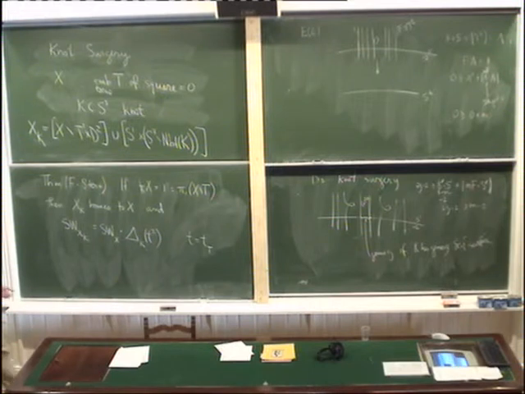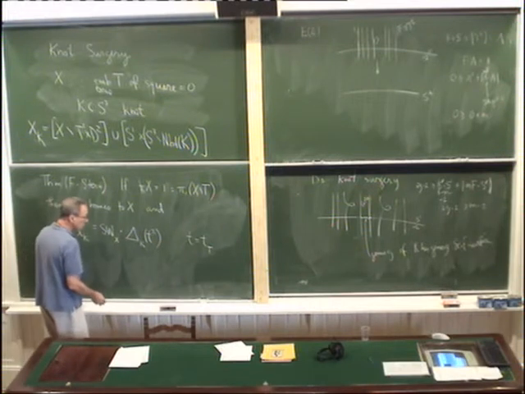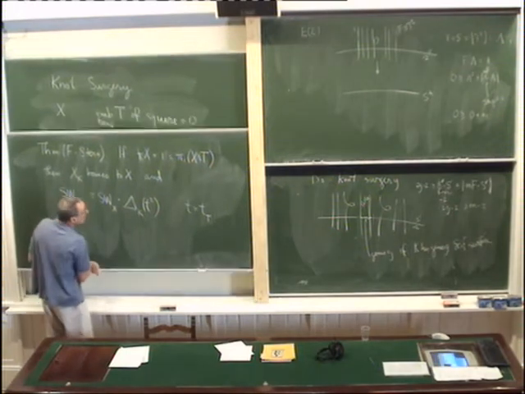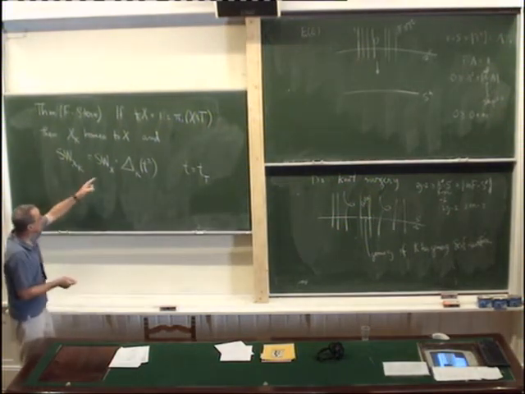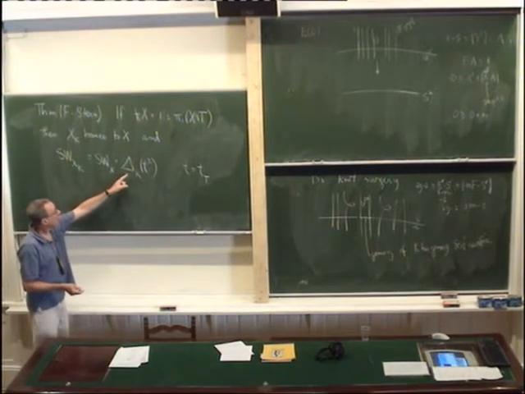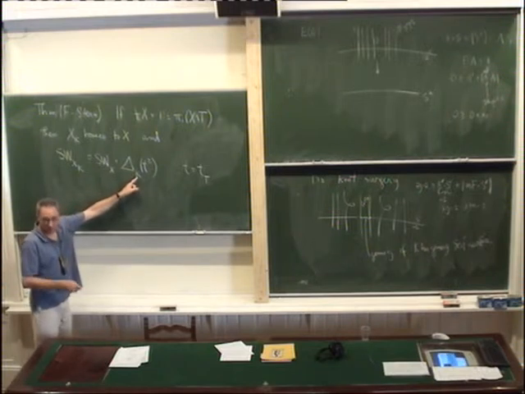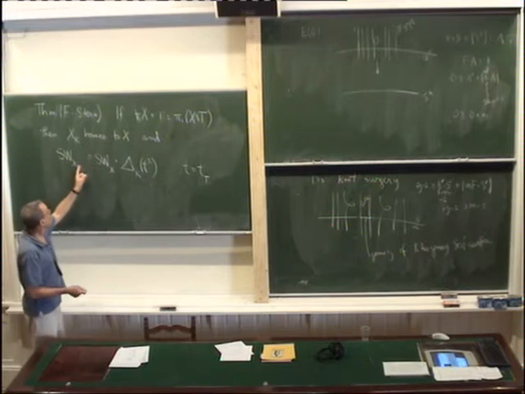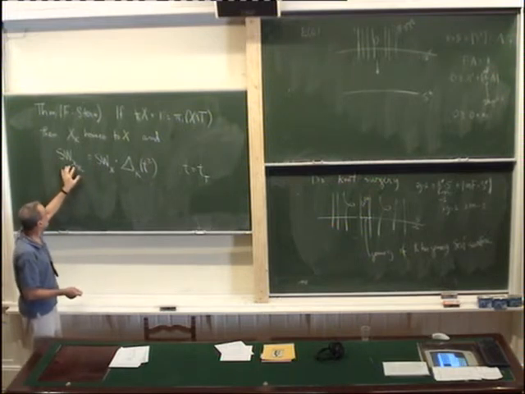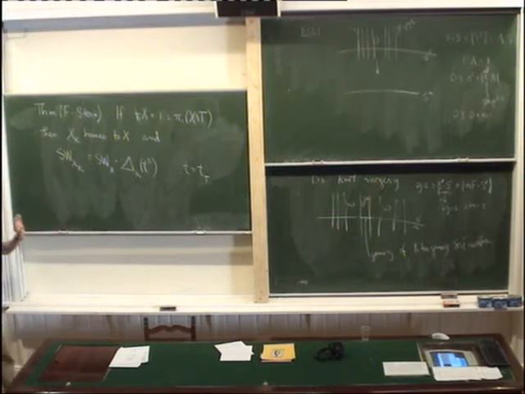So this tells you that at least for as many different knots as have different Alexander polynomials, you get, for example, different manifolds homeomorphic to the K3 surface.